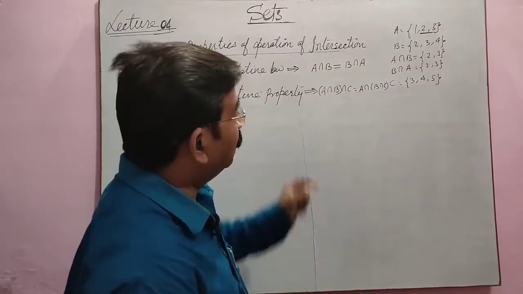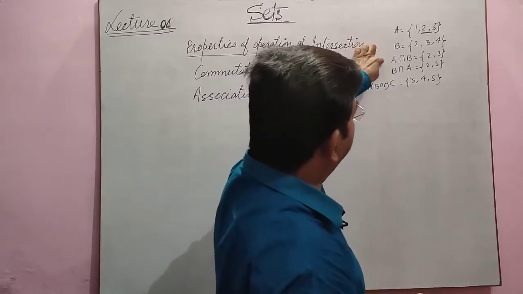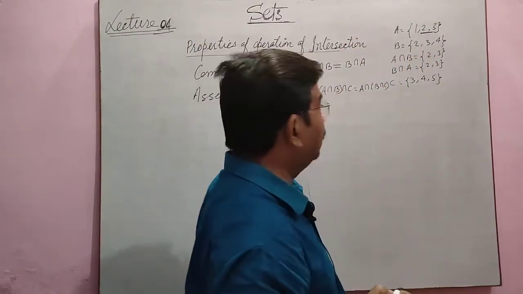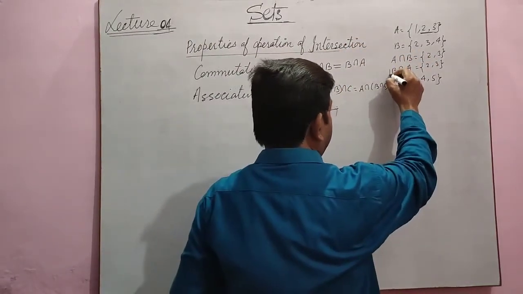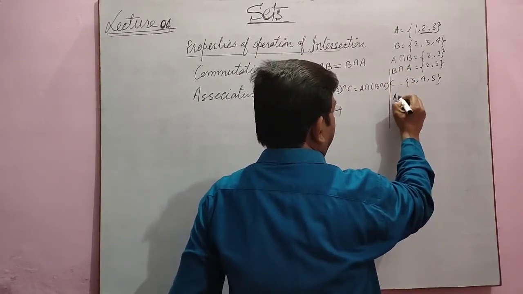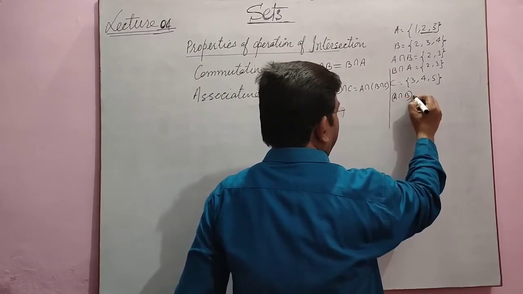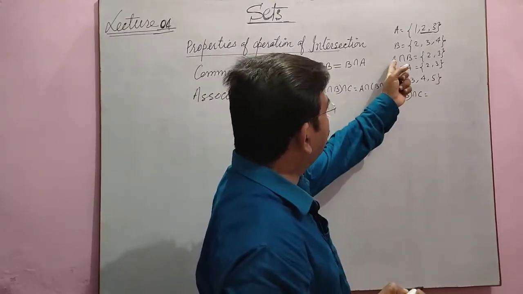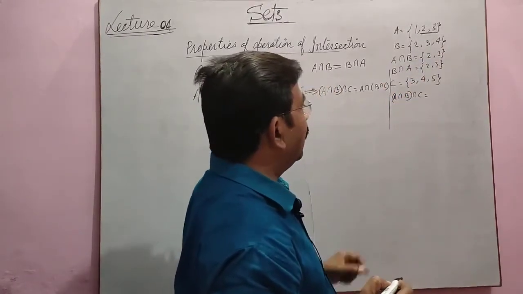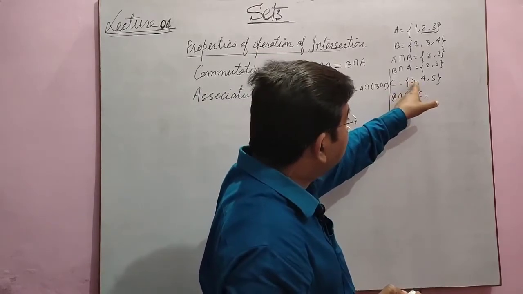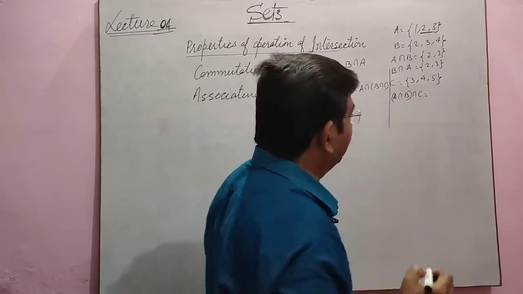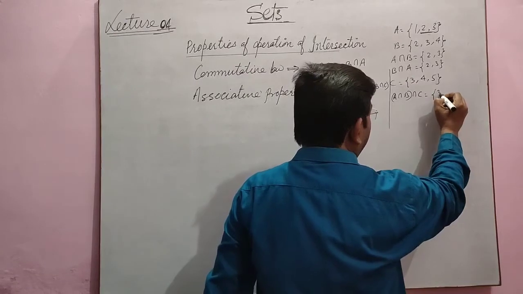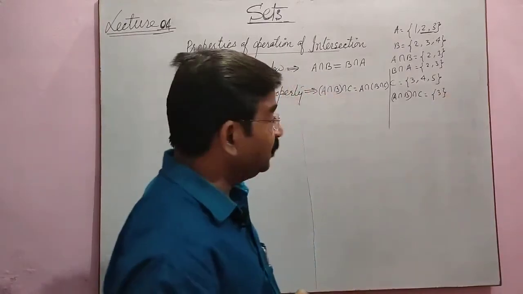First we found A intersection B is 2 and 3, and I'm writing this side. Intersection with {3, 4, 5} gives only 3. So (A intersection B) intersection C is 3.